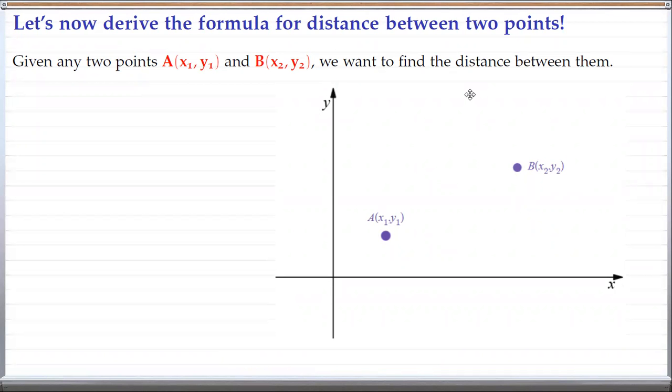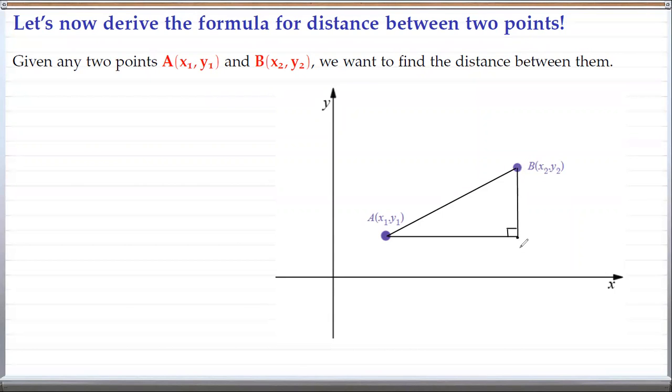Now let's try to derive the formula that we used. We draw a horizontal line parallel to the x-axis from A and a vertical line parallel to the y-axis from B, so that we have a right angle right here. We can connect these two points to form a right angle triangle. Now let's talk about the sides of this triangle.